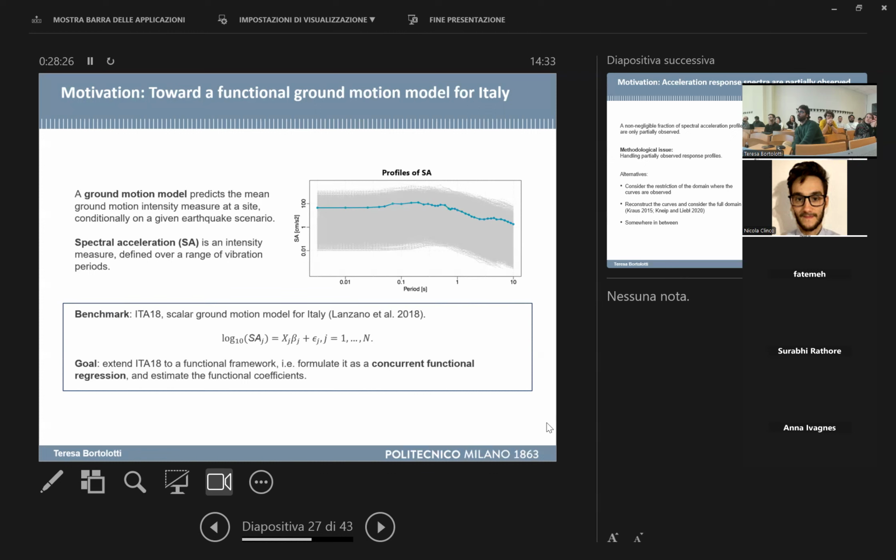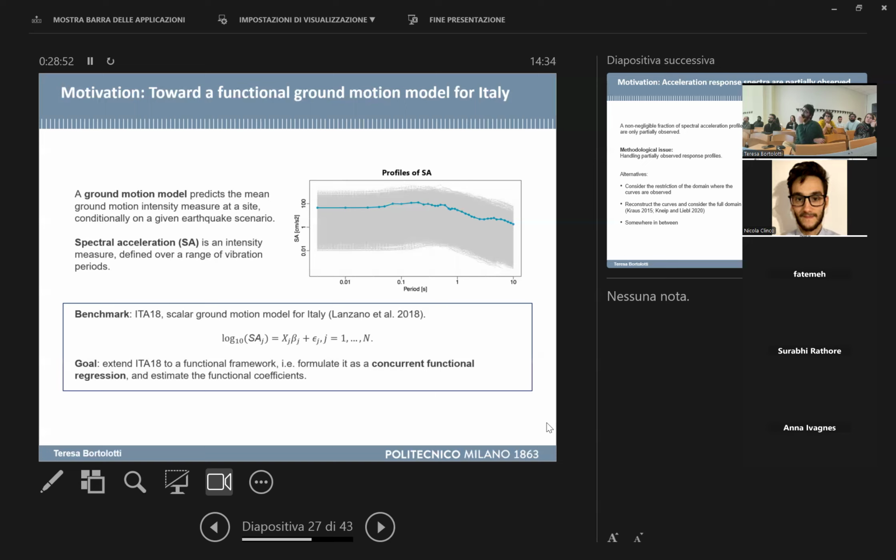So it is a model that, given an earthquake scenario, aims to predict the acceleration response spectrum in different parts of Italy and for different values of the periods, so for the entire spectrum. Why so? Because the quantity is very important for understanding the responses of buildings to the arrival of seismic waves.